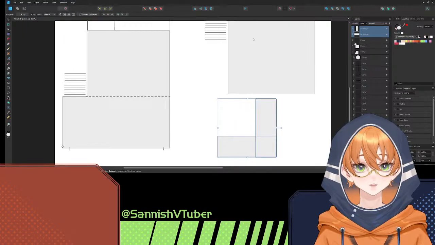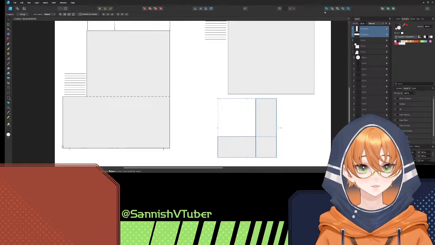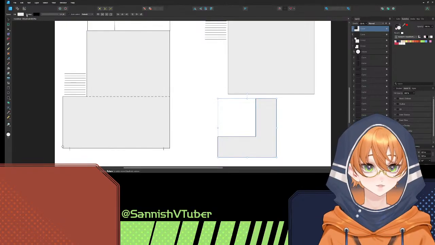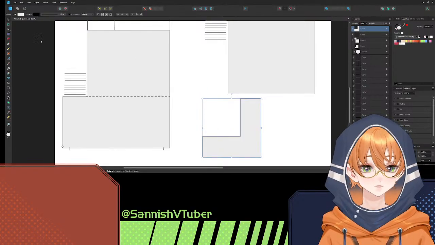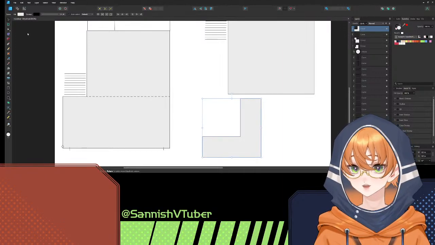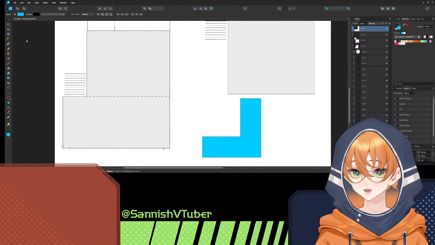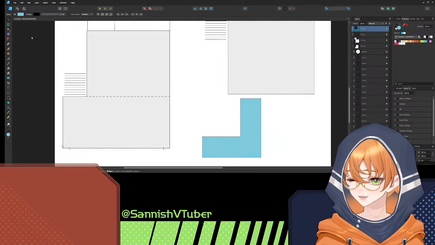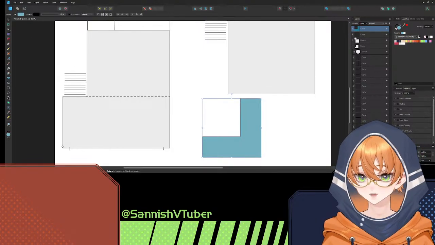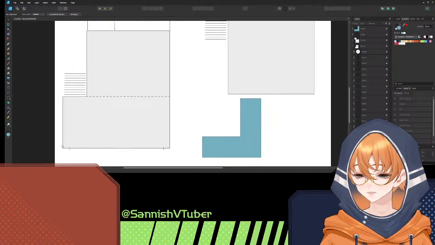Let's see, align right and down, apply, merge together. Color. Why is everything filling as gray is what I want to know. My couch is blue. I have a blue couch. It's right next to me, like this color. All right, we got my couch.